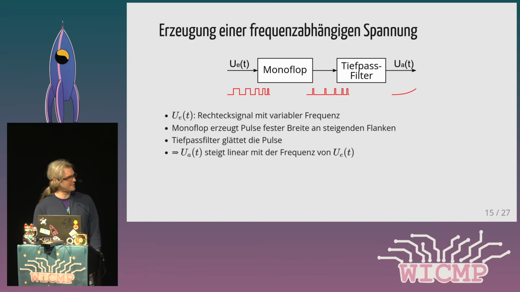And what the monoflop is doing is it creates a pulse train with the same frequency. And if we take this pulse train and put it in a low-pass filter, it will basically iron the pulses out, and we get a voltage that rises linearly compared to the frequency.